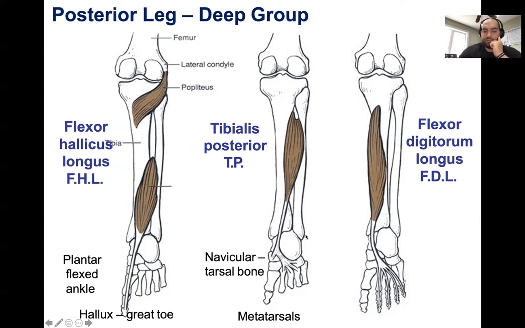That's the distal aspect of the fibula. So that tibialis posterior muscle runs all the way down, crosses that medial malleolus posteriorly, so behind it, and attaches to many different tarsal bones. Primarily, it attaches to that navicular bone.